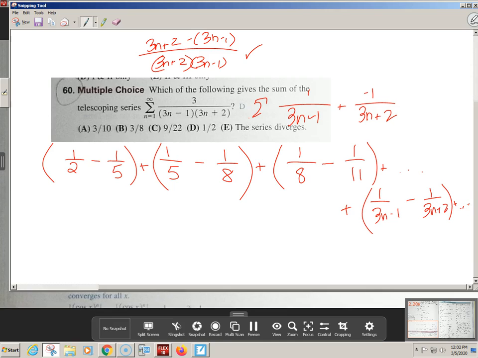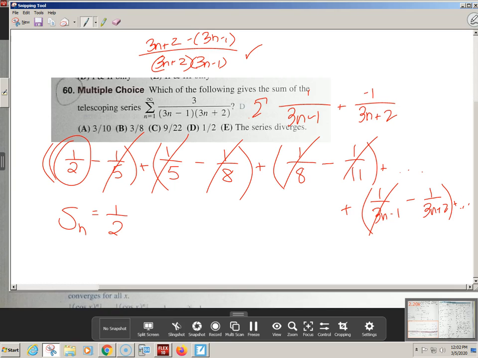Remember what telescoping does. It says, get rid of anything that's going to cancel out. The 1/11 is going to be canceled with something in the future. Every time I was canceling out the first and then moving forward to cancel out the second, so I technically have this. My nth partial sum of this is 1/2, this guy who was stuck, and whatever is down there.